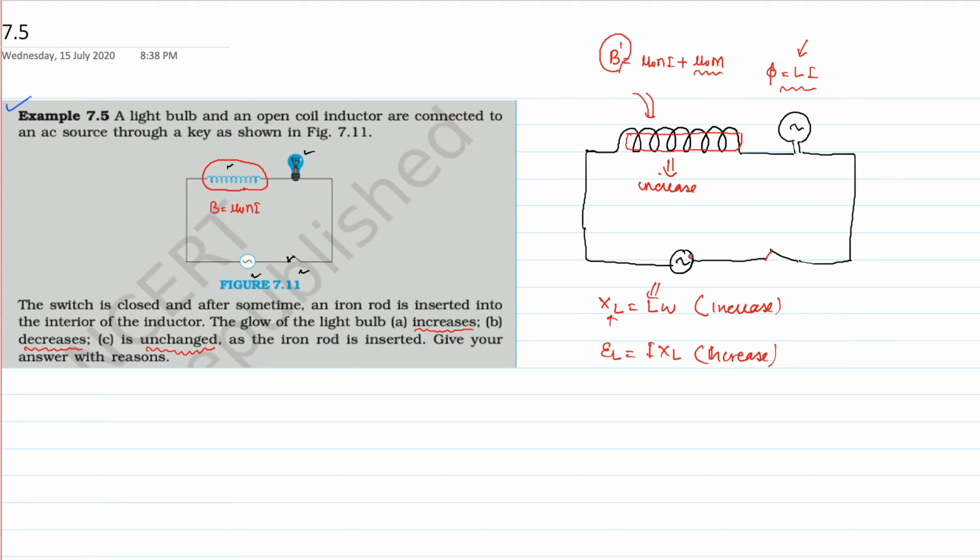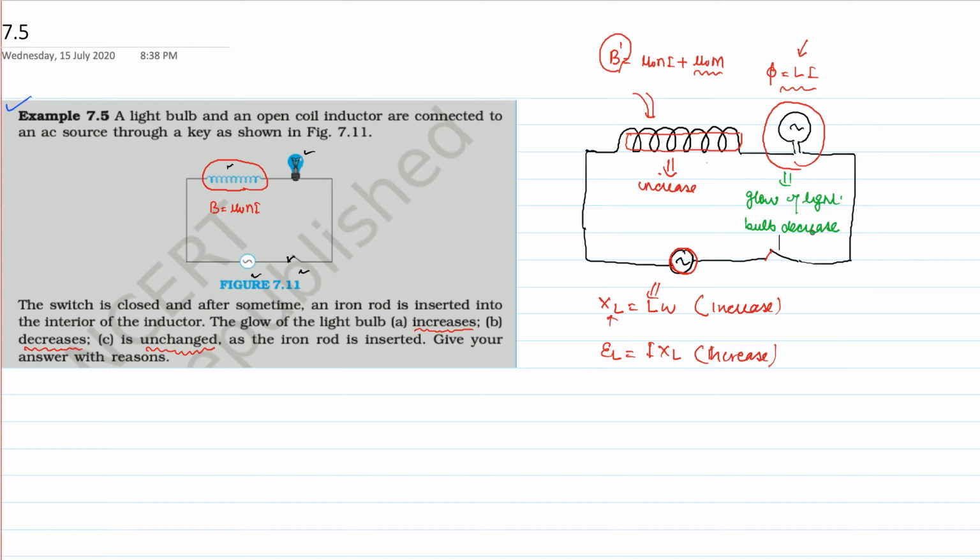So from the input, a large amount of voltage will be dropped across the inductor, and a small amount of voltage will be available for this bulb. So the glow of the light bulb will decrease.